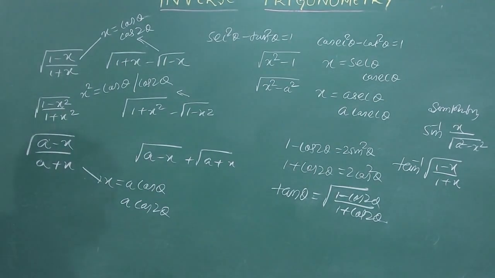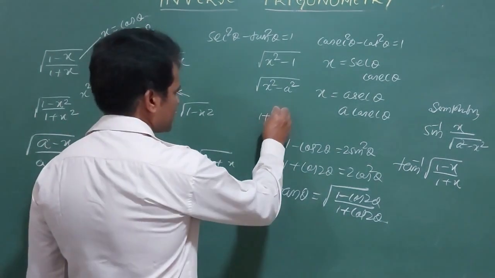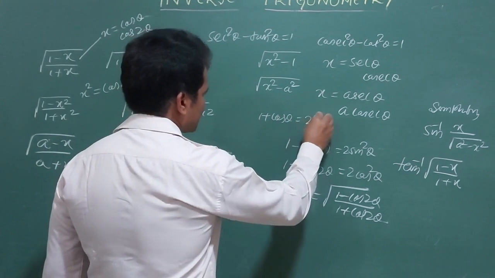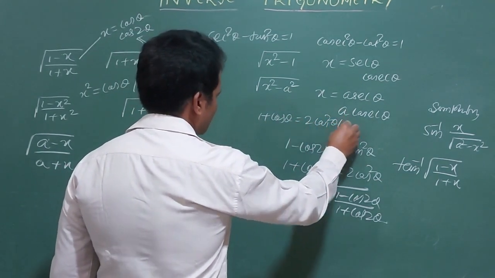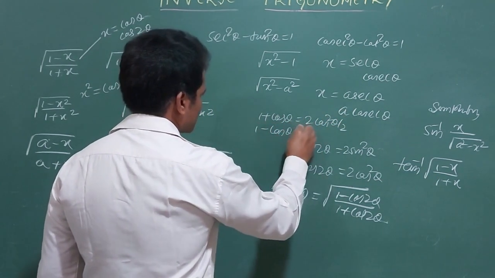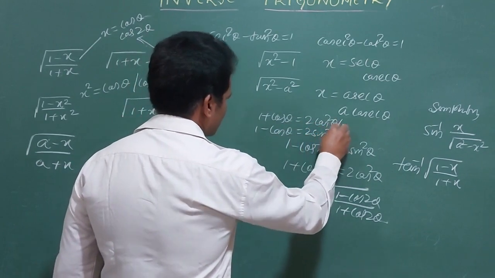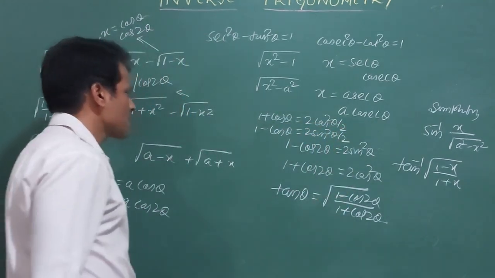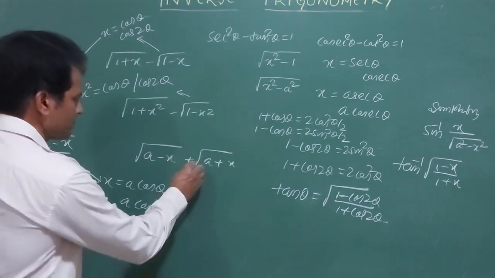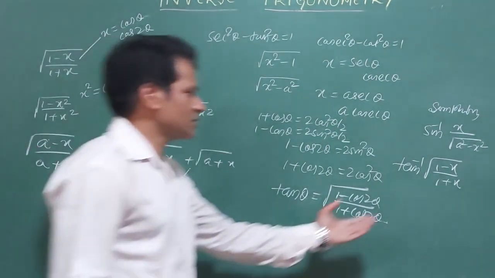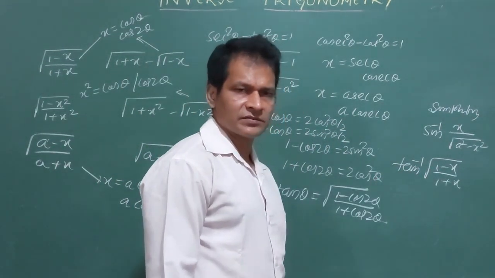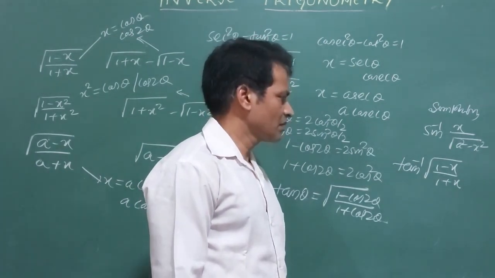Substitute. Because if I apply the formula, 1 plus cos theta is 2 cos square theta by 2, and 1 minus cos theta is 2 sin square theta by 2. Half angle formula. Here also I will assume the same. Now in this question I will assume x is equal to cos theta. Alright?